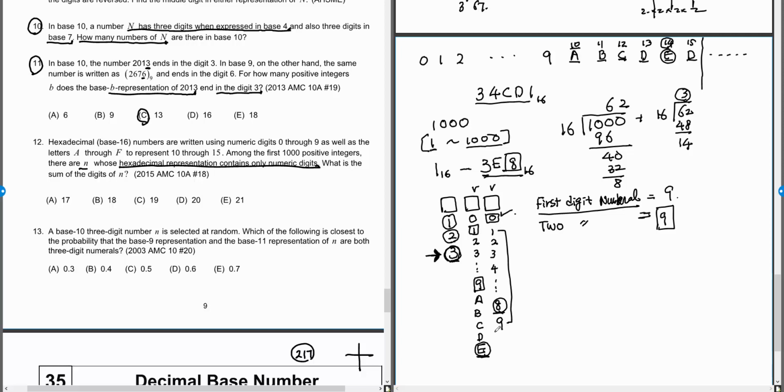So up to 9 is 10 numbers. 9 times 10 numbers, so there are 90 numbers. Okay, 90 numbers. Now 3 digits.